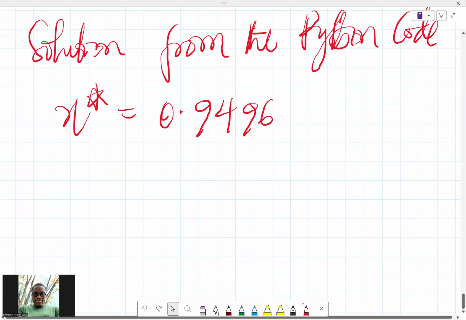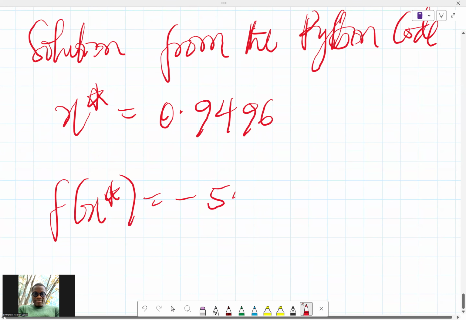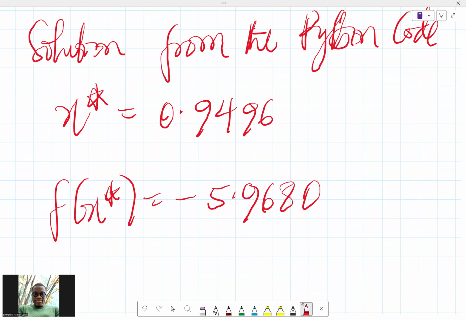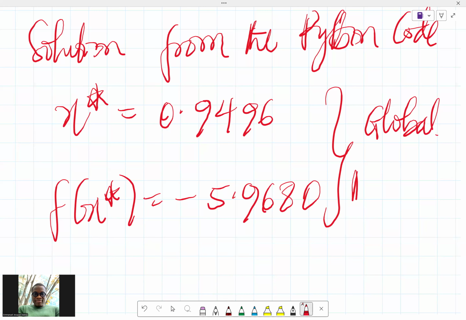And then you have f of x star, which is equal to -5.9680. So this actually would be our optimum global minimum. With that taken care of, we can also try to see some kind of summary of this whole thing.